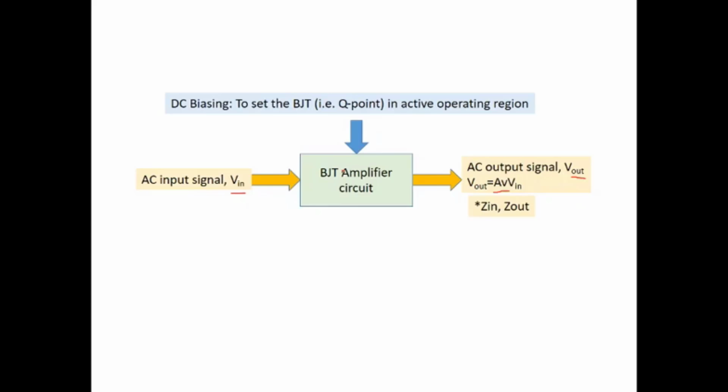In order for an amplifier to operate properly, the amplifier needs to be powered. In the case of the BJT based amplifier, we need to make sure that the BJT is positioned at a suitable operating point, or we call it a Q point.